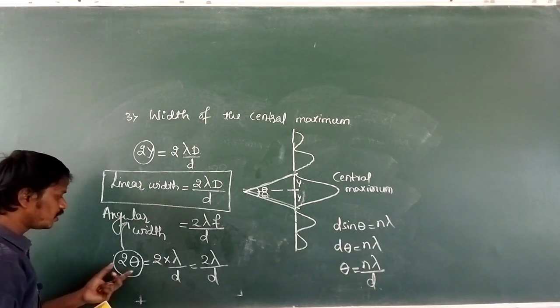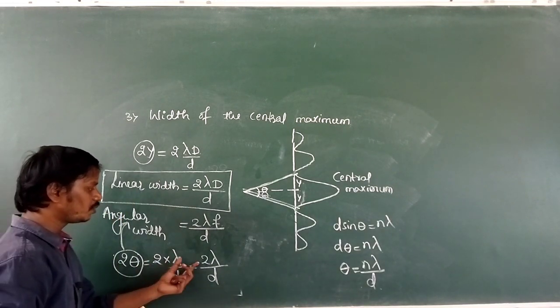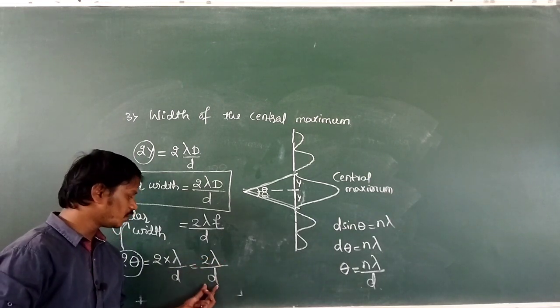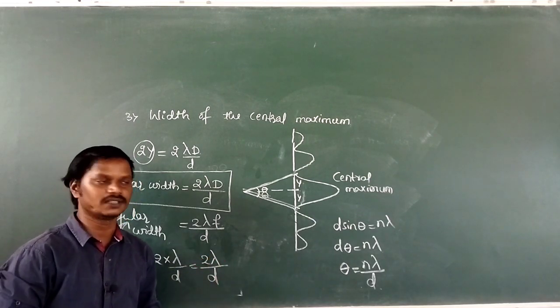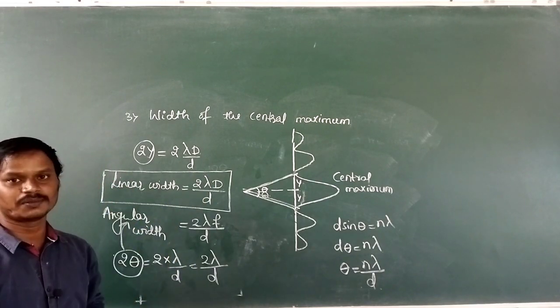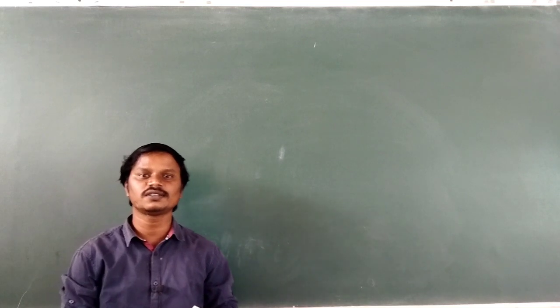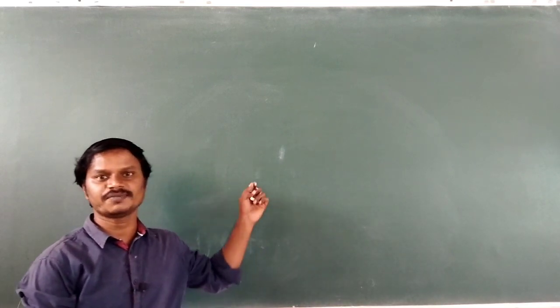And what is the angular width formula? That is 2 theta is equal to 2 lambda by d. What is lambda? The wavelength of the light used. And what is small d? It is the slit width. So based on these formulas we are going to solve some questions related to the diffraction of light.